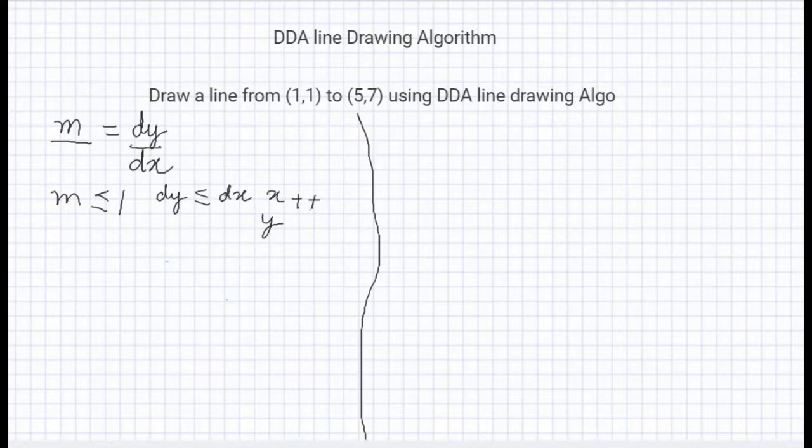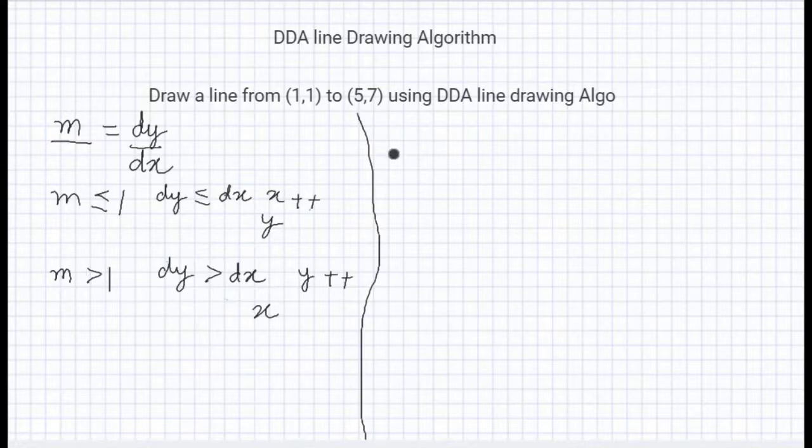In the second case, if m is greater than 1, that is dy is greater than dx, y will be incremented by 1 each time and x will be calculated on the basis of equation of line.